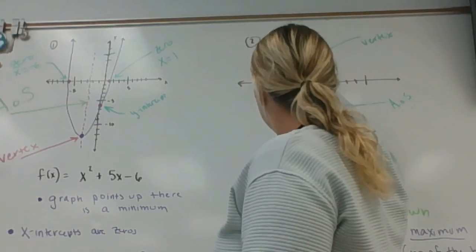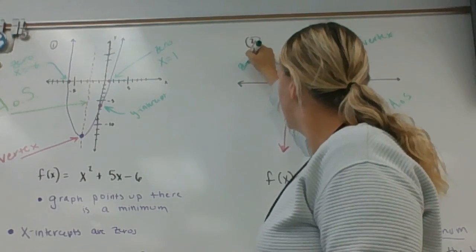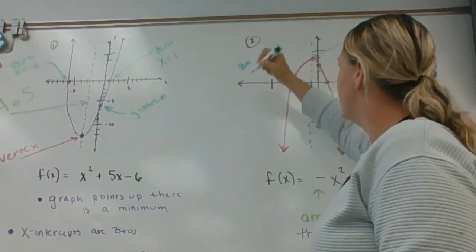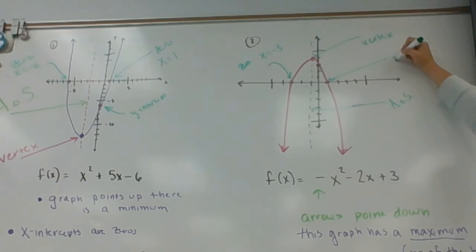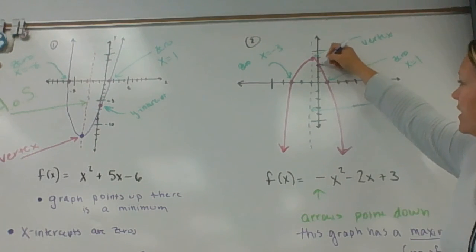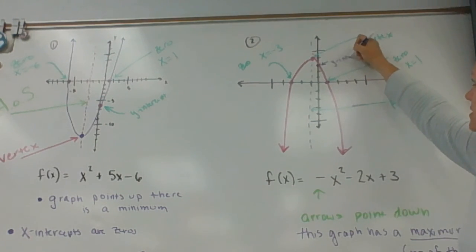Yeah, we got a zero right here at x equals -3, and a zero here at x equals 1. The y-intercept is right there. Less important than the x-intercept.